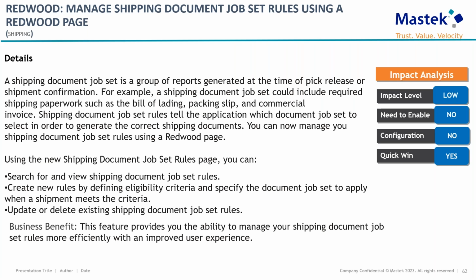The new interface makes it easier to create detailed eligibility rules using attributes like customer or courier, shipping methods, or from ship locations. You can even use logical operators like AND or OR at different levels, like groups or rules or subgroups, to fine tune when a particular document set applies.